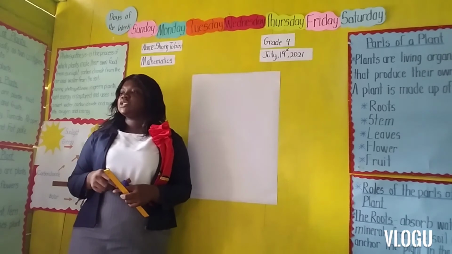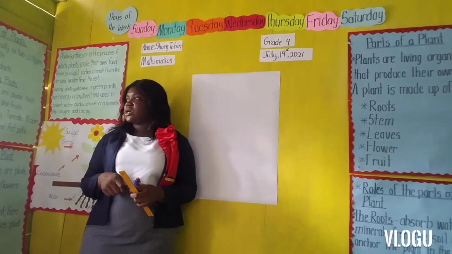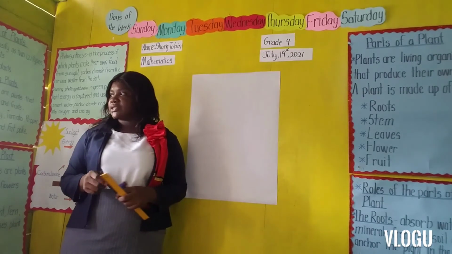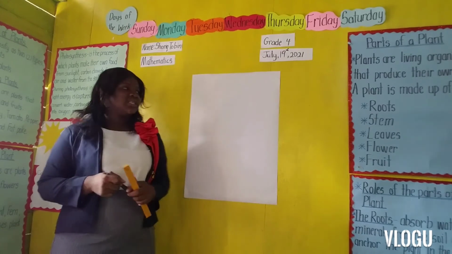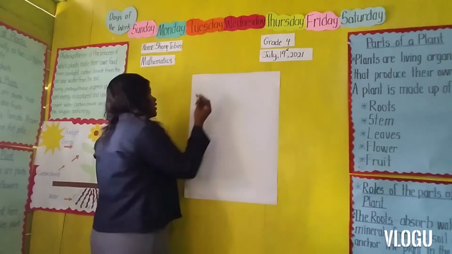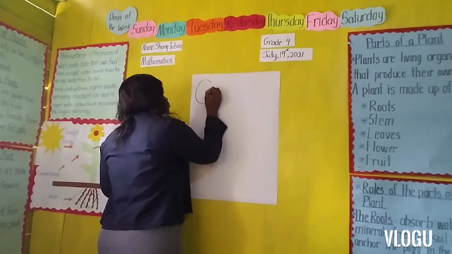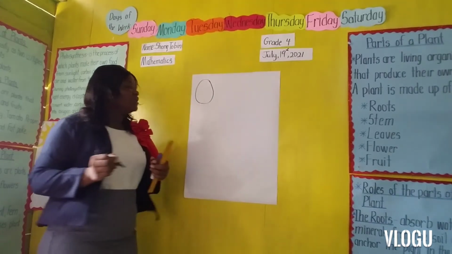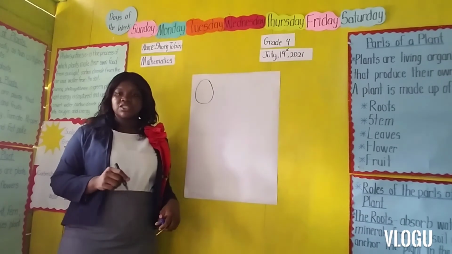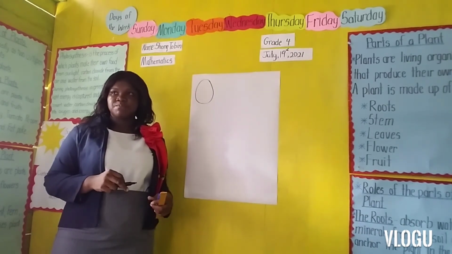Let me begin with you, Tyrese. What do you want to draw? A whole what? He's saying a circle, a whole circle, okay. And how many pieces do you want this circle to be divided into?